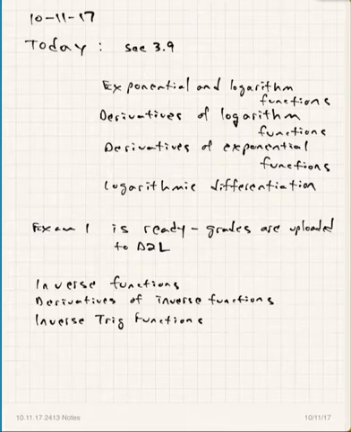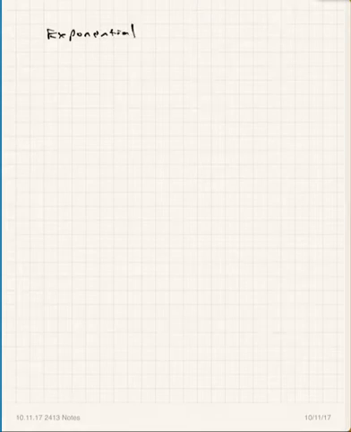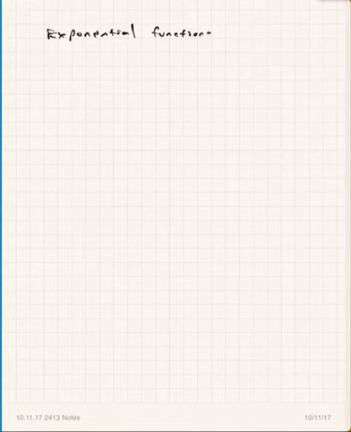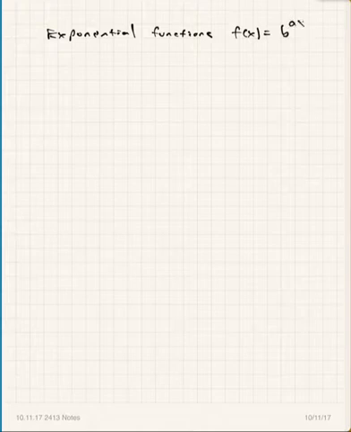And so today we're going to be moving on and talking about exponential and logarithm functions and looking at derivatives there. So first of all, exponential functions are basically functions that are in this form: f of x equals b raised to the ax power.